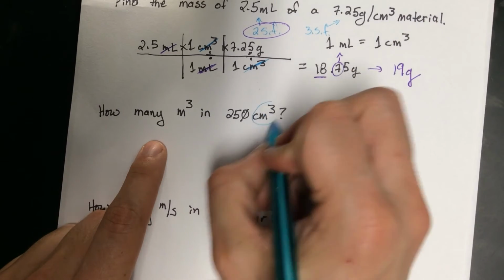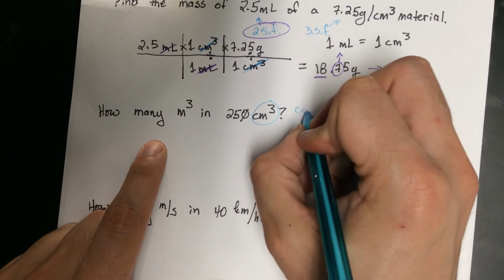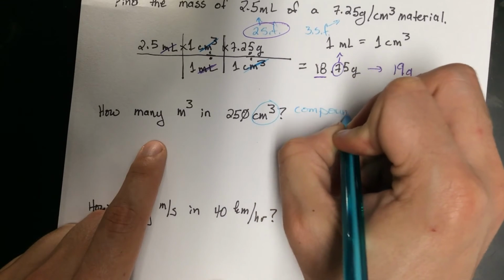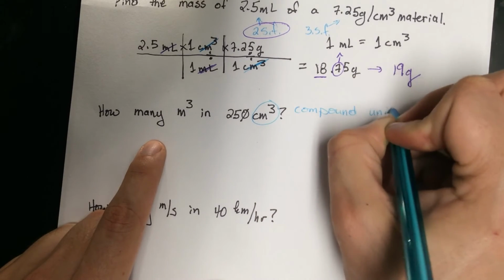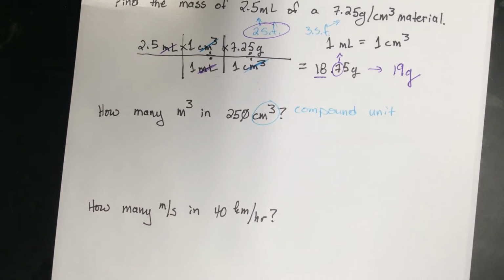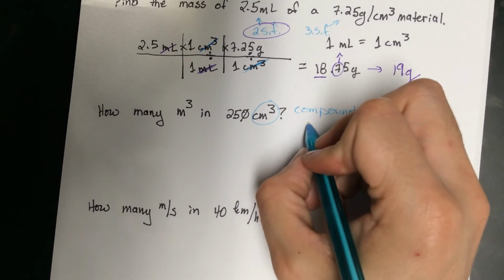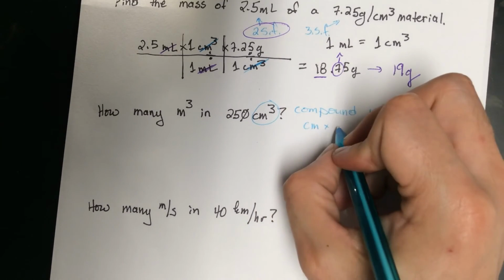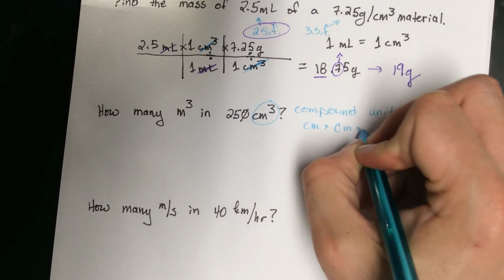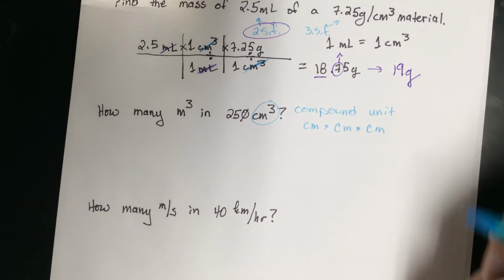Now, centimeters cubed is an example of a compound unit. And a compound unit is just a combination of smaller units that is being treated as a single unit. In this case, the smaller units inside of our compound unit are centimeters times centimeters times centimeters.